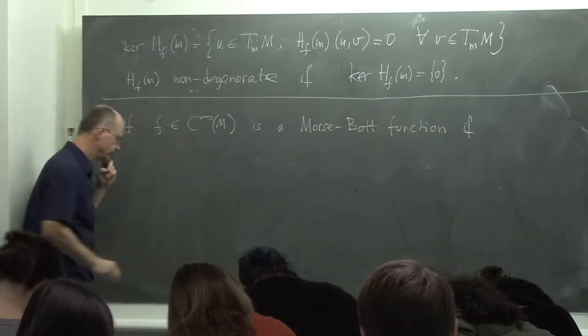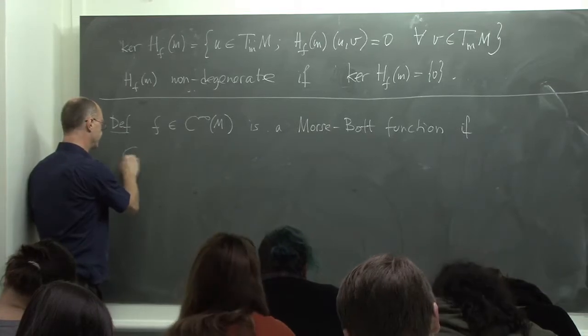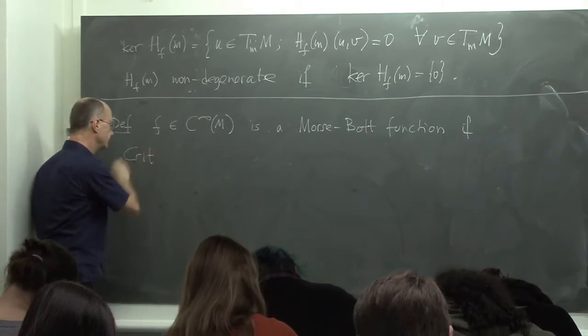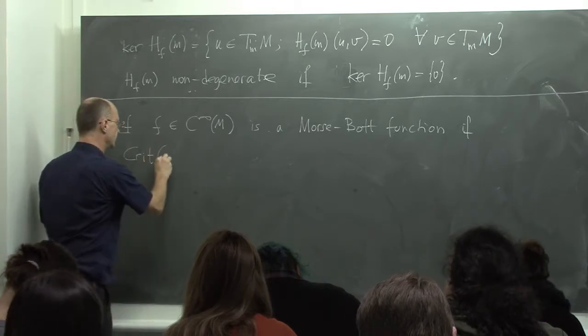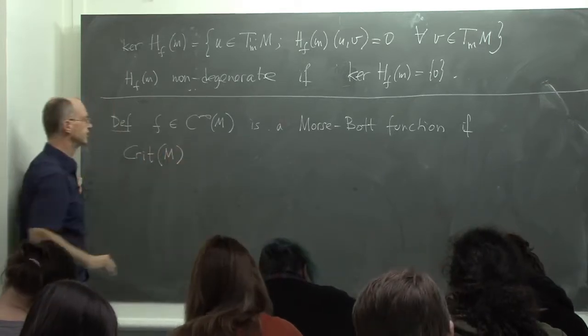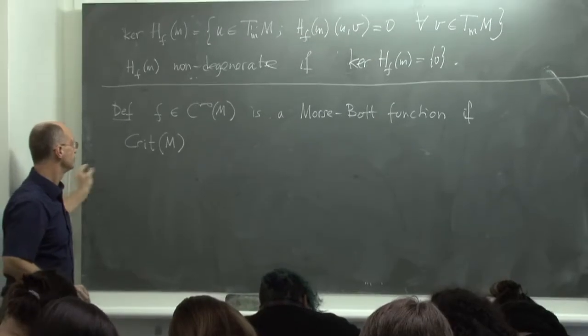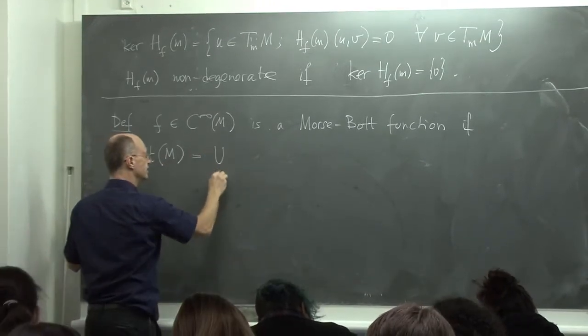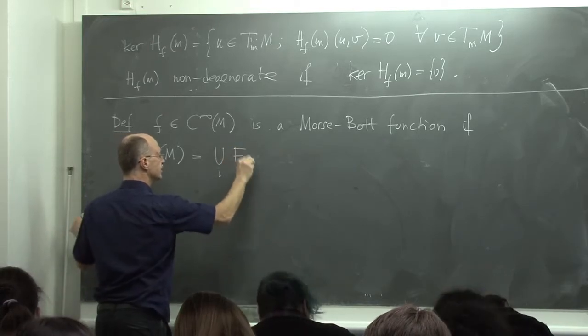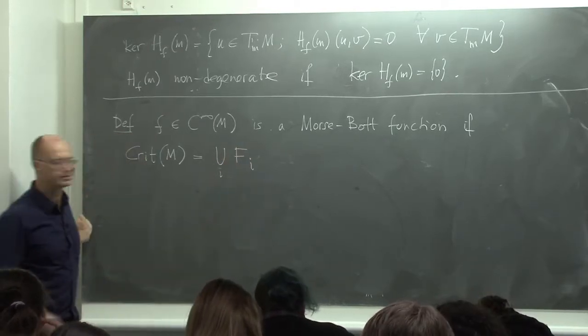So here what we want is as follows. And you will see it's already similar to things that we saw before in the context of group actions. So now we want the critical set to be a disjoint union of submanifolds.